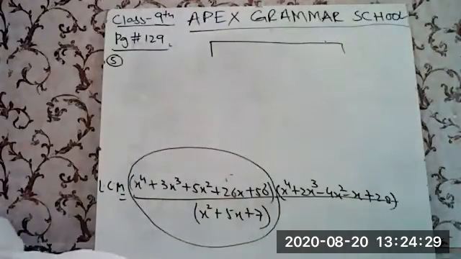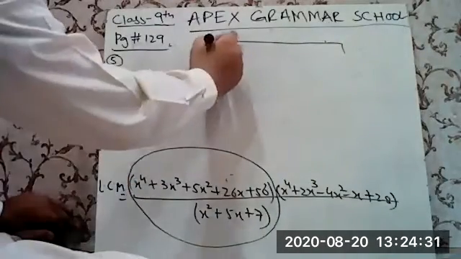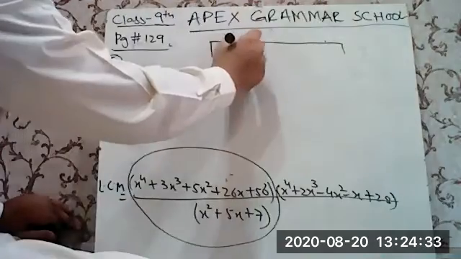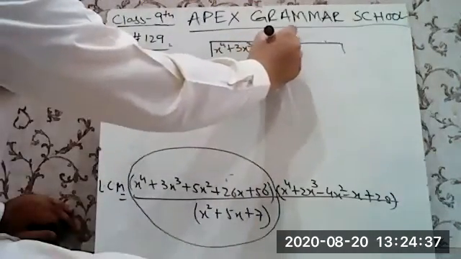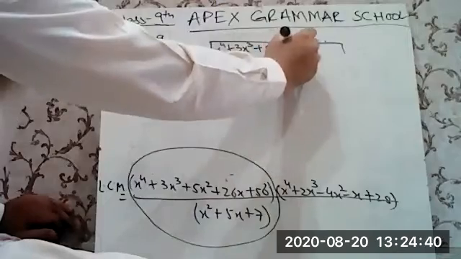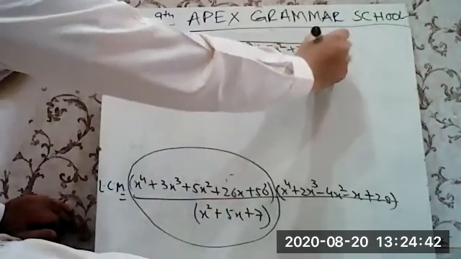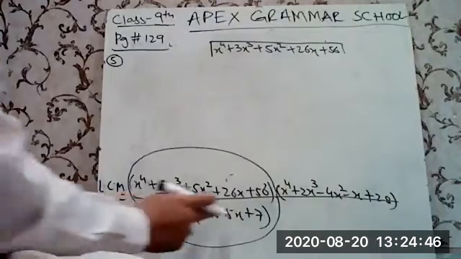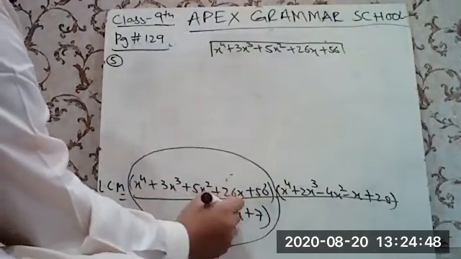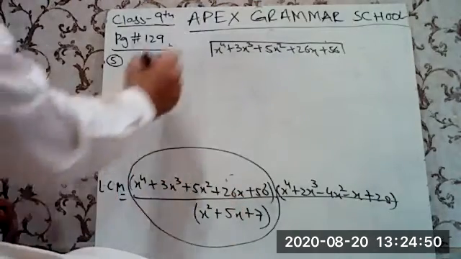x raised to the power 4 plus 3x cubed plus 5x squared plus 26x plus 56, and its divisor is x squared plus 5x plus 7.